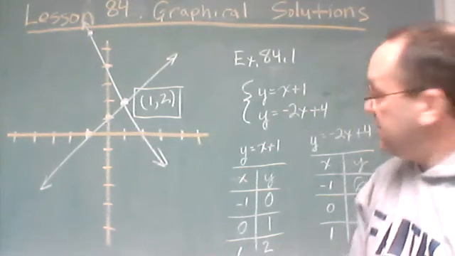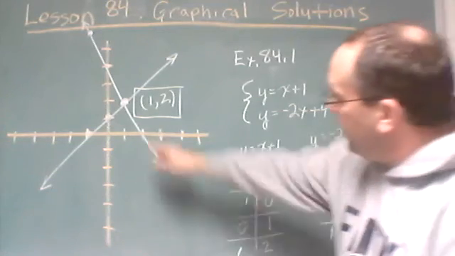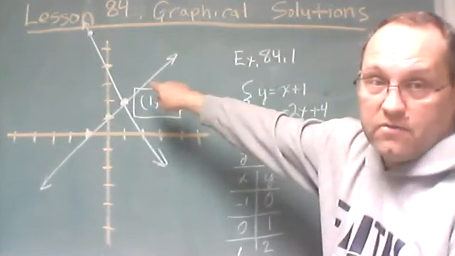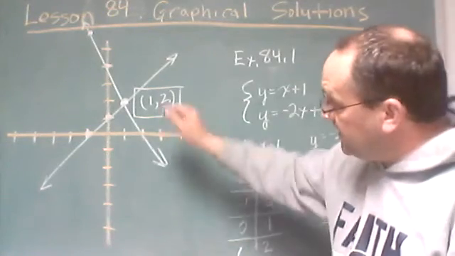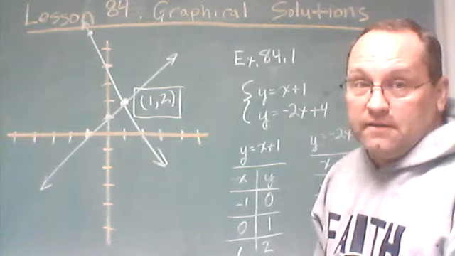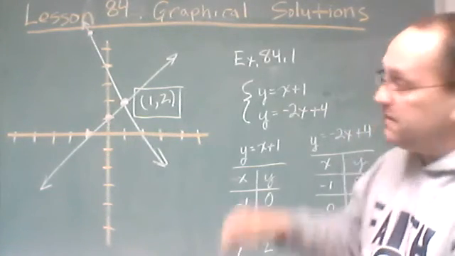Okay, so if we did not know that, we would have to estimate where that crossing is. What points do those lines cross at? We would have to guess where that is on our graph. And that's the weakness of the graphical solution.